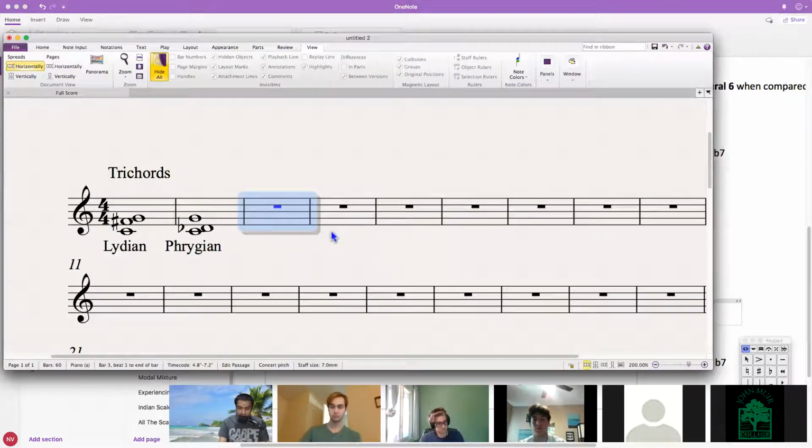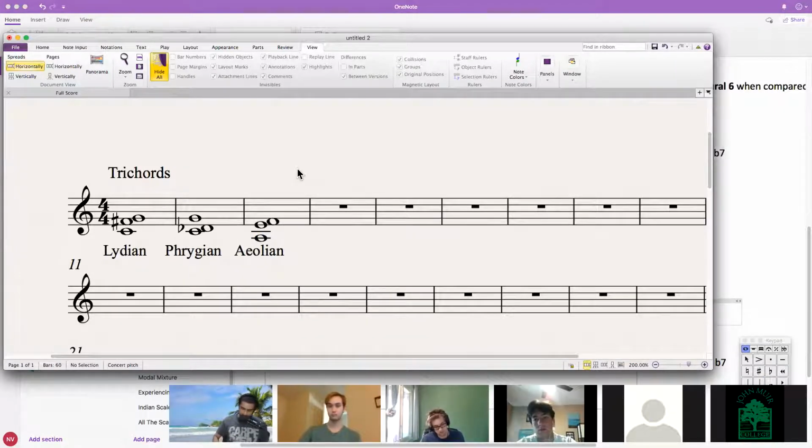So you could have something like this. This is very Aeolian. It's emphasizing this note right here.